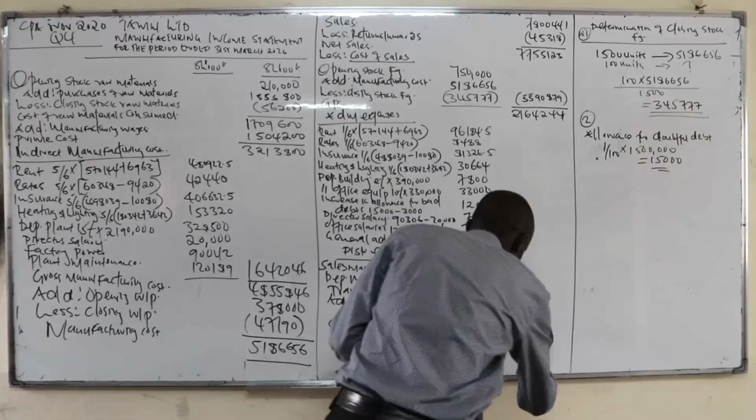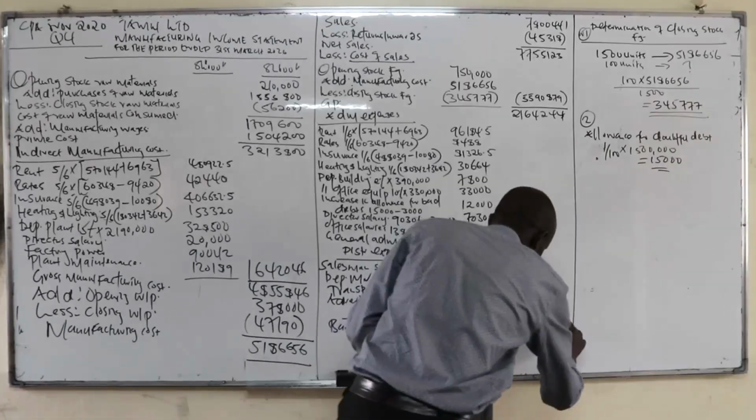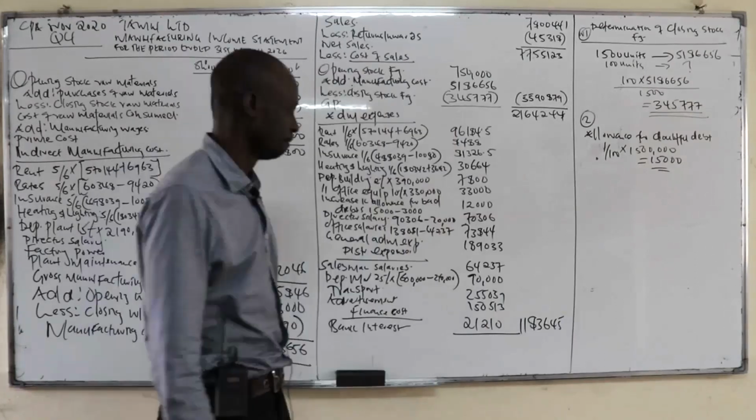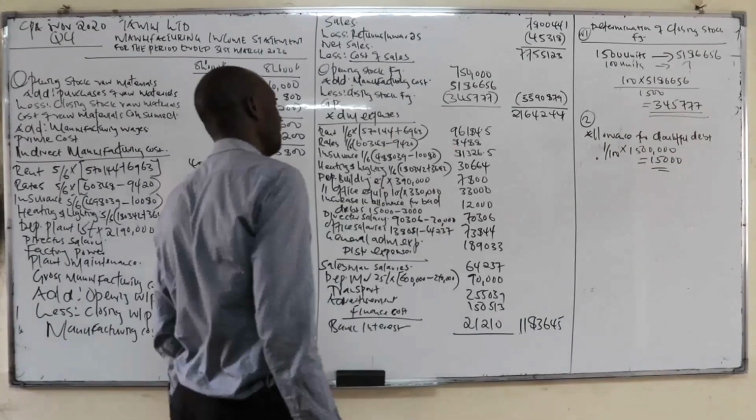$11.83, 6, 4, 5, like this. Is that true? This is correct, isn't it? I hope so.